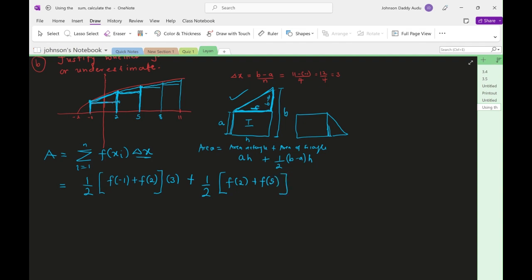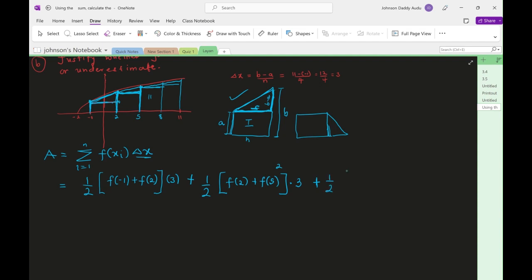So f of 5. Then the same times what? H. What is H? H is, in this case, the distance from here to here, which is our height. And that distance is the same thing as delta x, which is still 3.